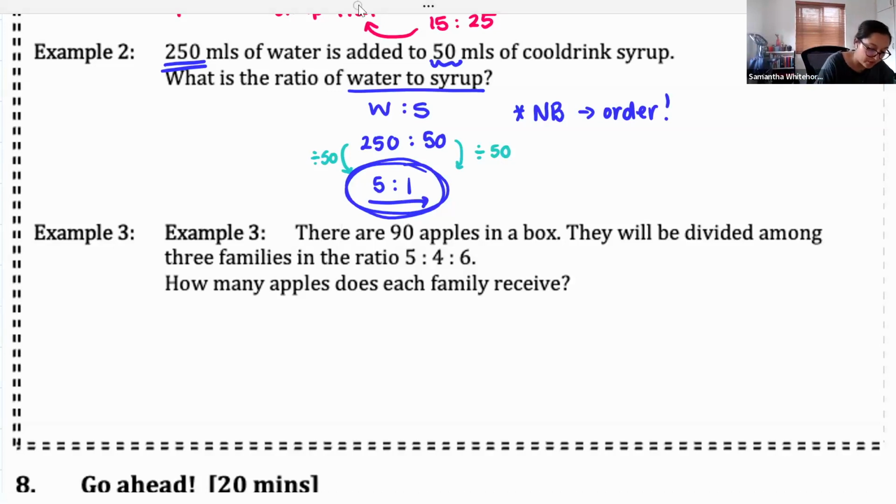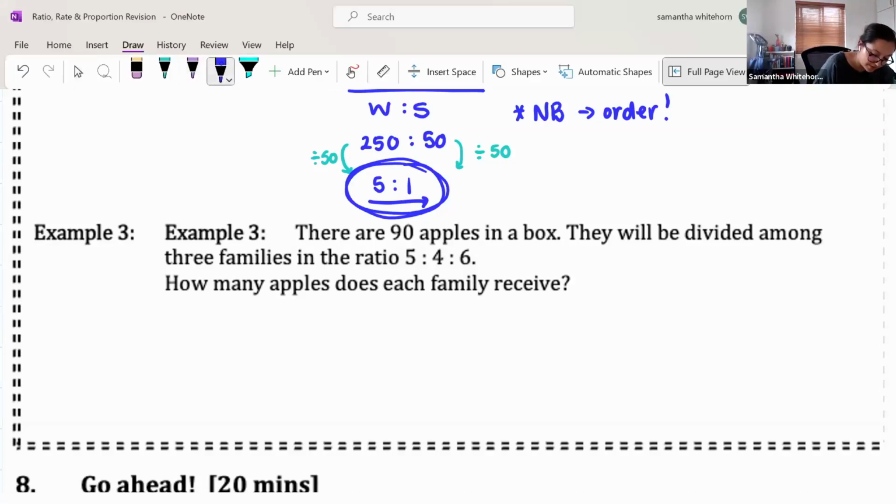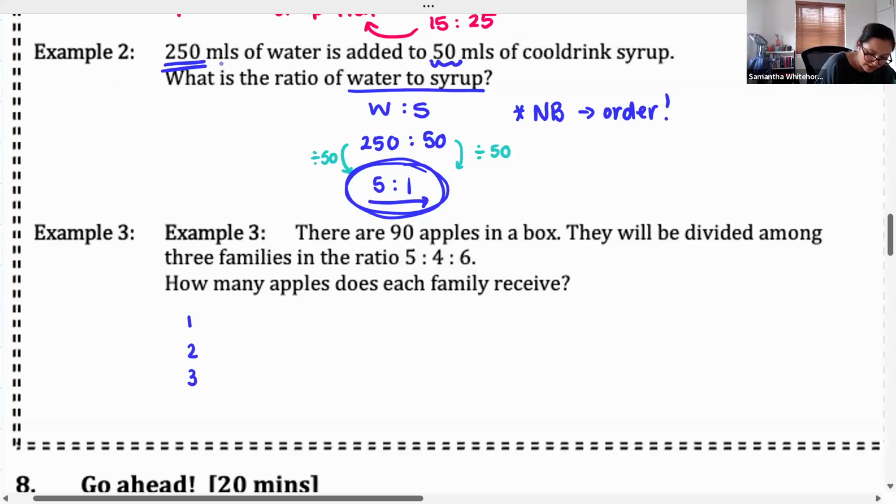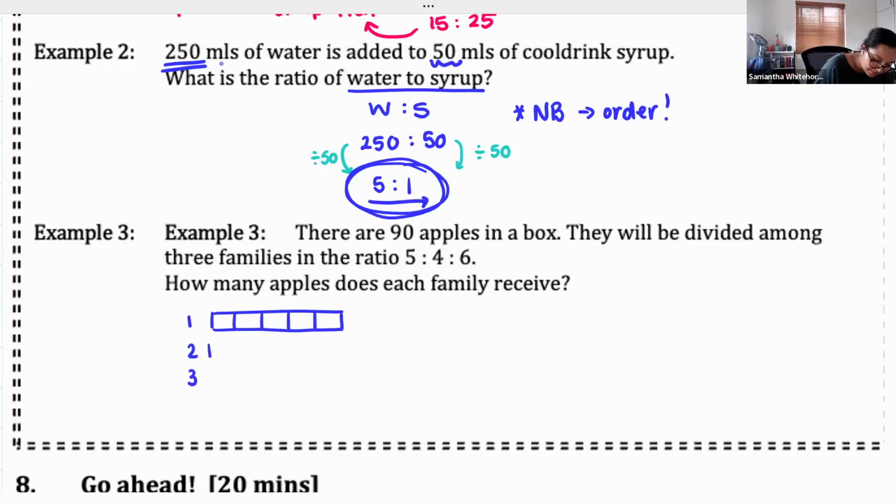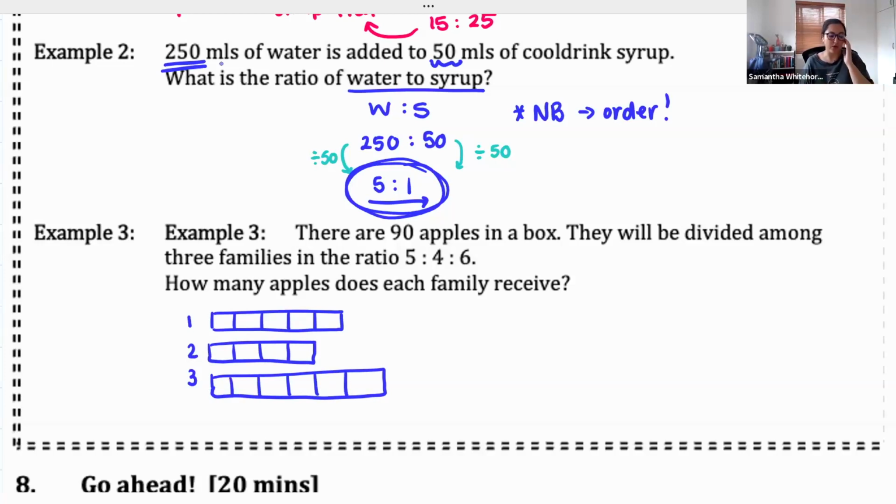Okay, so we've got 3 families, family 1, family 2, family 3. Family 1 is going to get 5 of these apples. 3, 4, 5. Family 2 only gets 4 of them, or 4 parts, let's say rather. But family 3 is going to get 6. Now, a ratio is all about those parts, remember? How many parts are we working with?